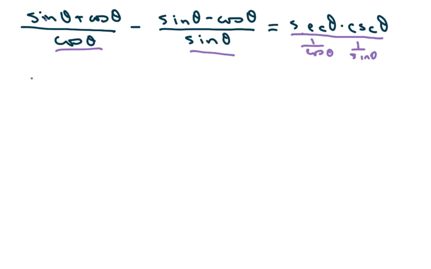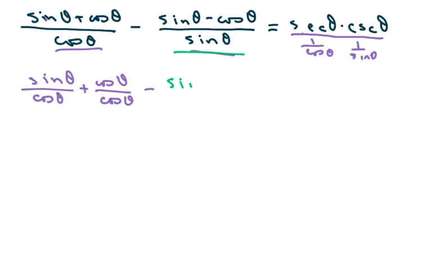So I'm going to have sine of theta over cosine of theta plus cosine of theta over cosine of theta minus, and do the same thing for this side, sine of theta over sine of theta minus cosine theta over sine of theta.